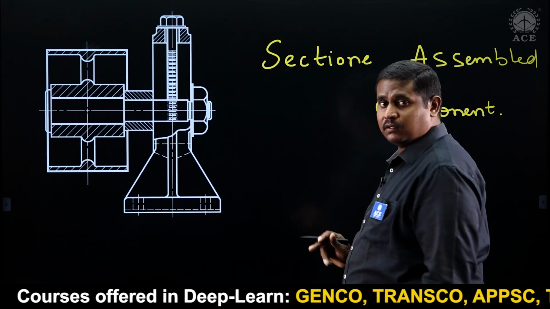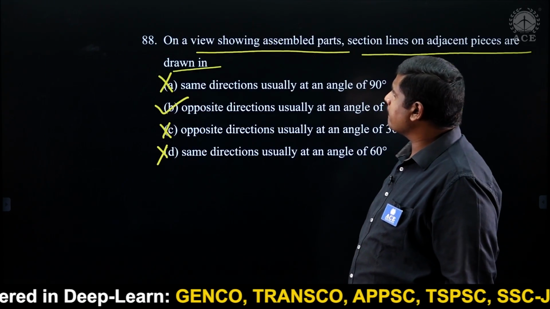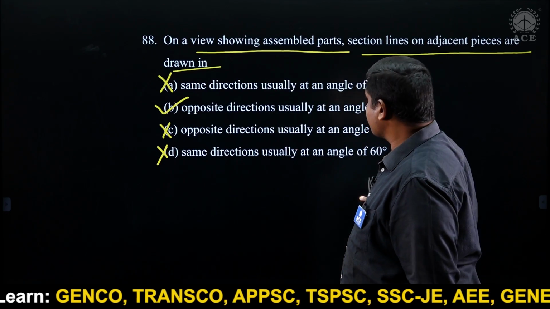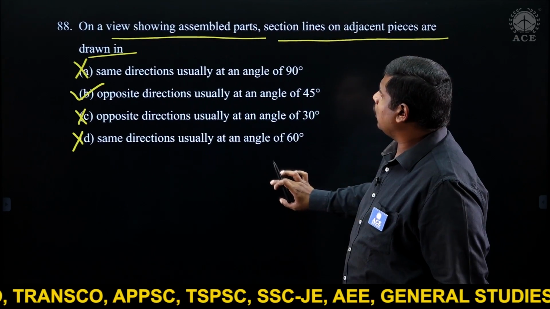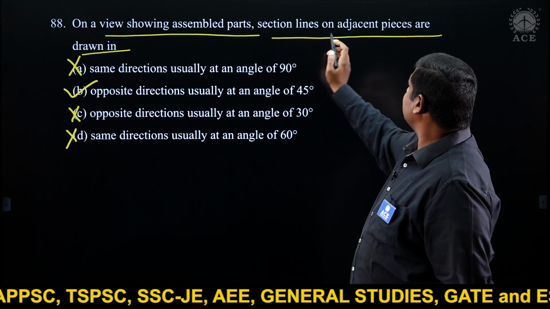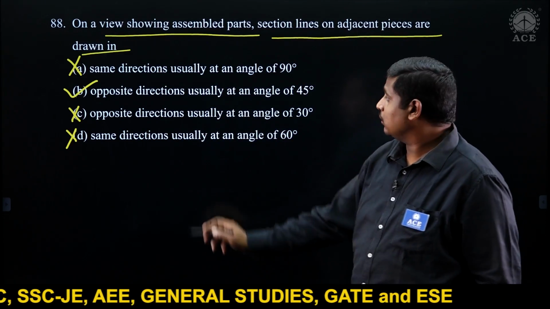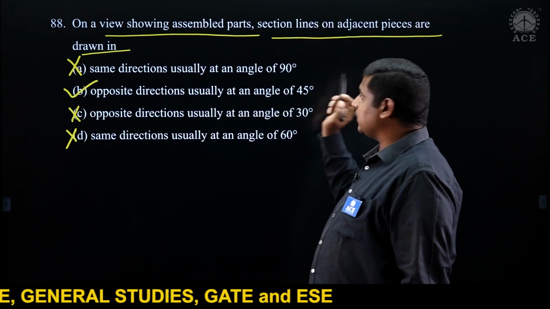My dears, as per the question, on a view showing assembled parts, section lines on adjacent pieces are drawn in. The answer is opposite directions usually at an angle of 45.